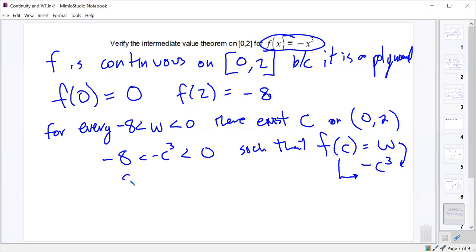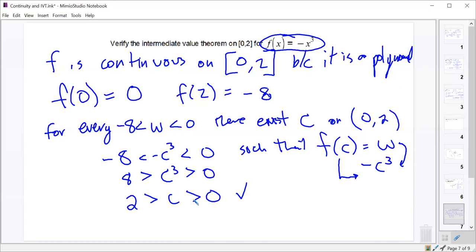We'll first divide by the negative 1 to get 8 is greater than c cubed is greater than 0. Then we'll cube root and have the inequality c is greater than 0, c is less than 2, which is exactly what we wanted to show. That for every w between negative 8 and 0, c is between 0 and 2.